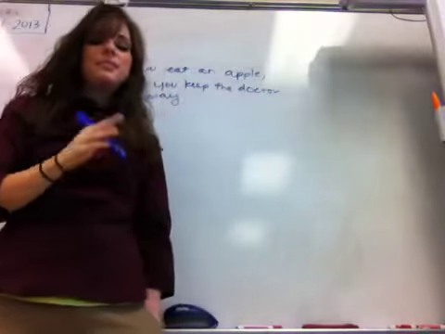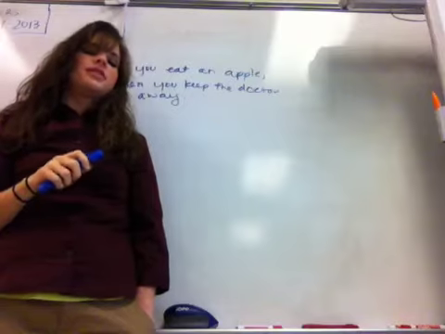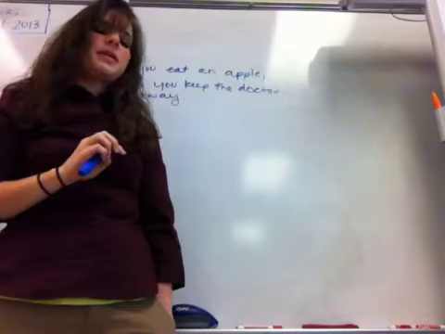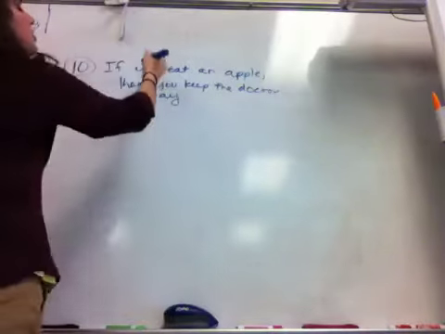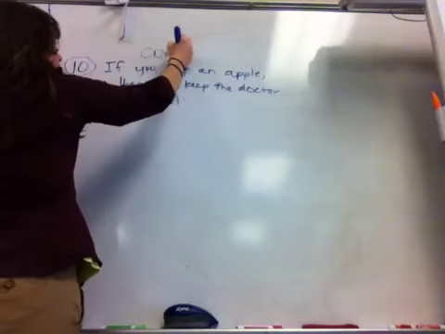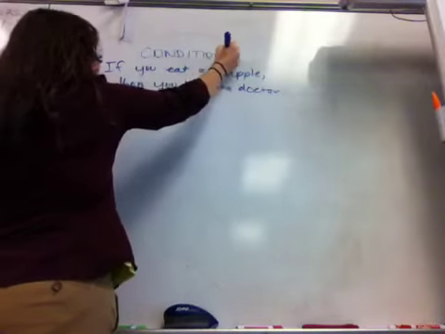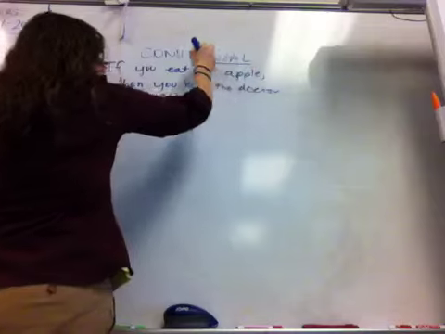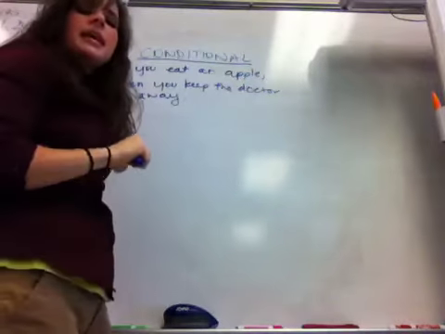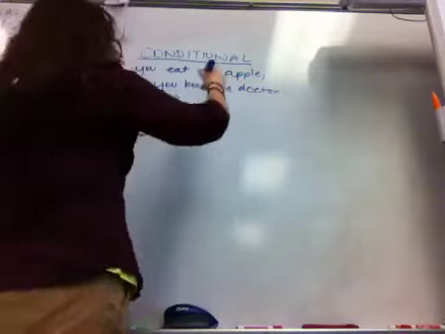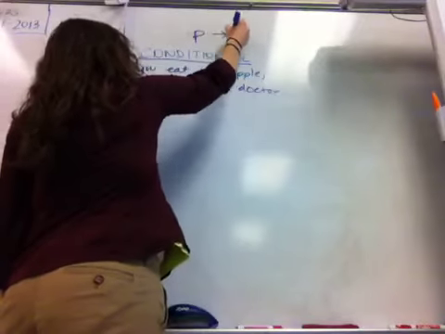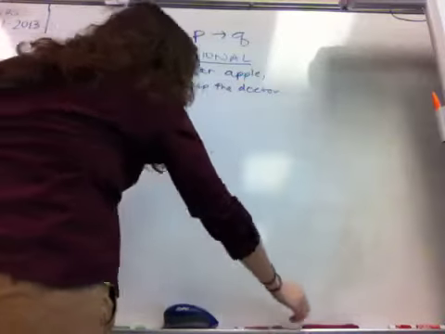Now, we do need to apply these little words that we learned in Chapter 2: converse, inverse, contrapositive. The conditional statement is always your starting point. Remember, that's your if-then statement, and the symbols that go with that are P and Q. Okay, so just a little reminder here.